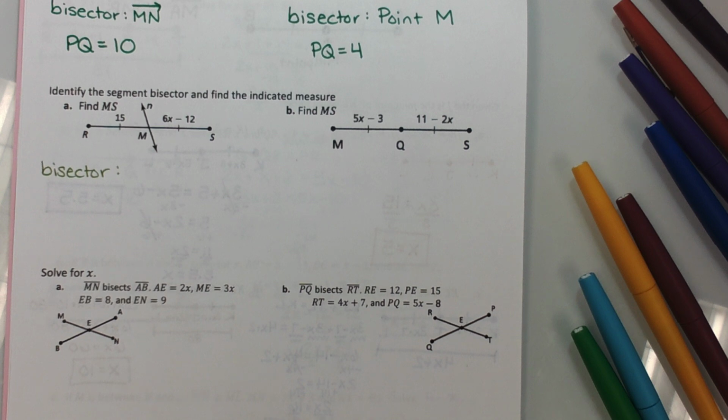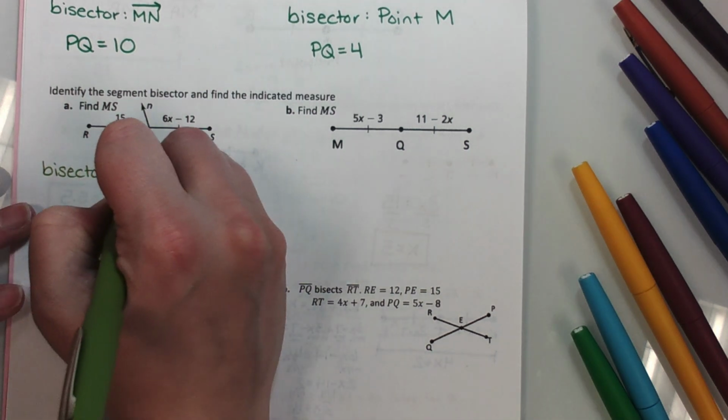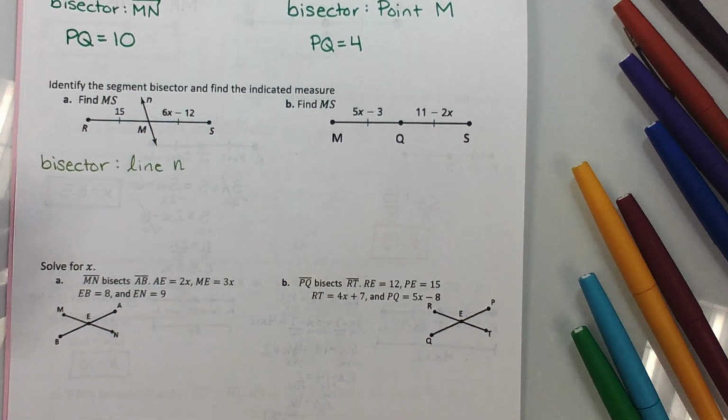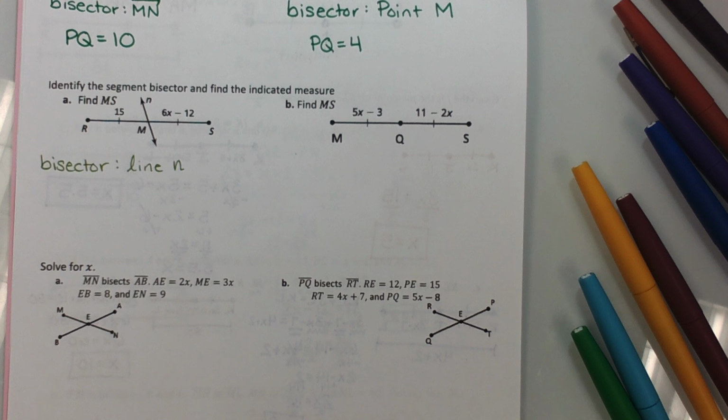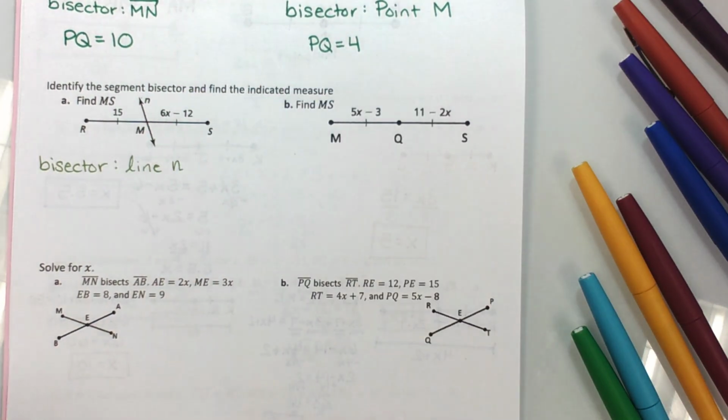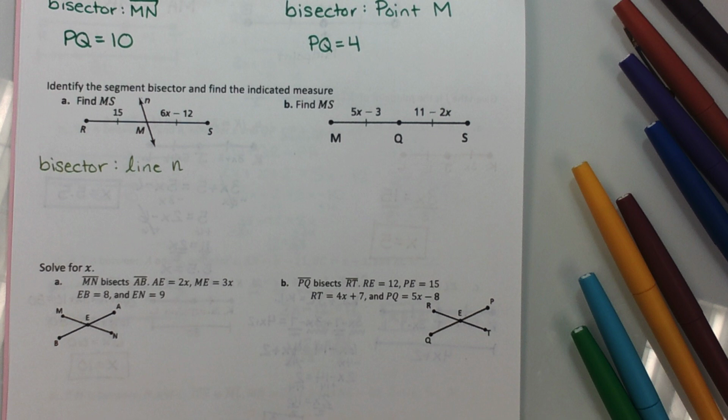Line N. It's got arrows on both ends, so it is a line, and I cannot call it by the name with the capital letters because there's only one point on that line. I need 2. It's line N. Okay, that's the bisector. Now I want to solve. Specifically, I want to find MS.